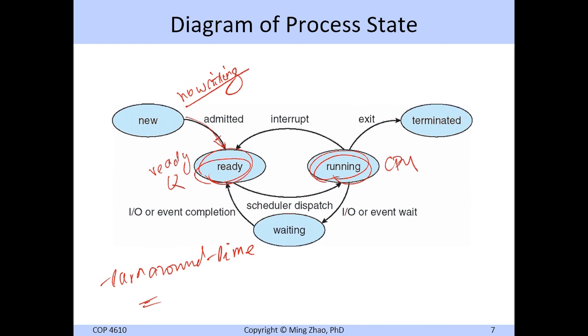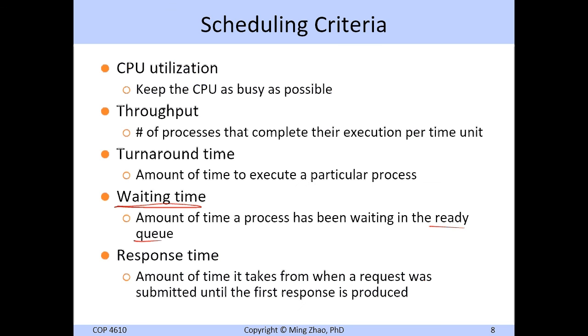All right. So if we consider the whole story, turnaround time would equal the amount of time the process spends on the processor and the amount of time the process spends on all the possible queues. It can be the ready queue, it can be the waiting queue on I/O devices, or synchronization events. So no matter what, the waiting time is a portion of the turnaround time.